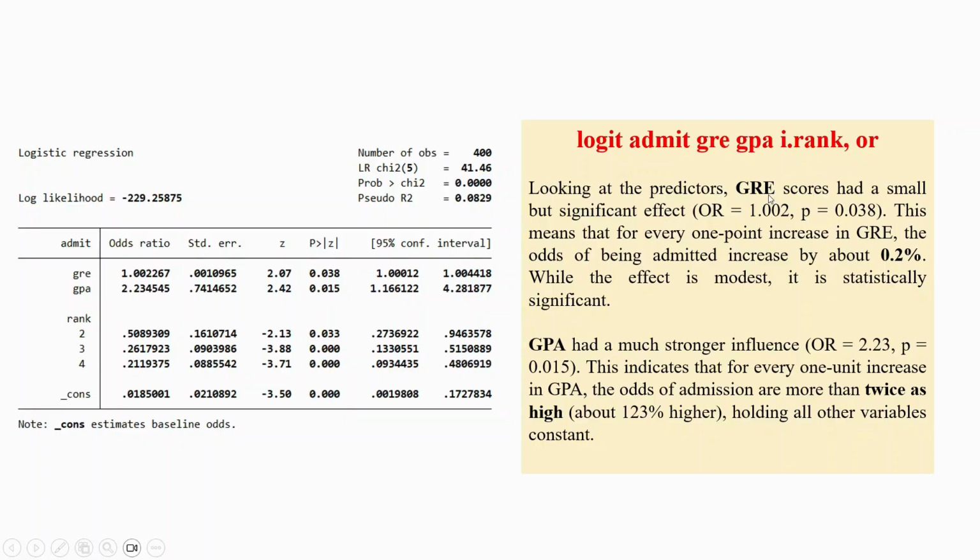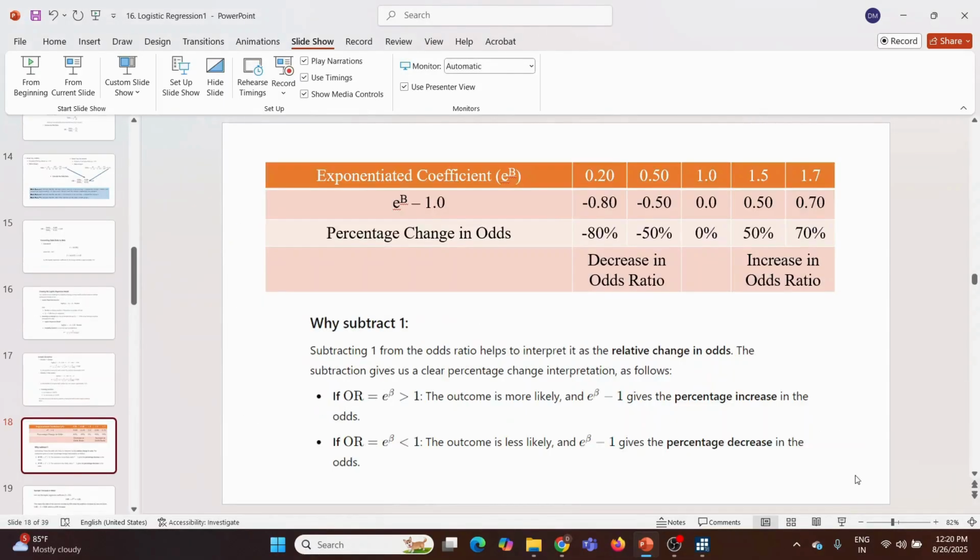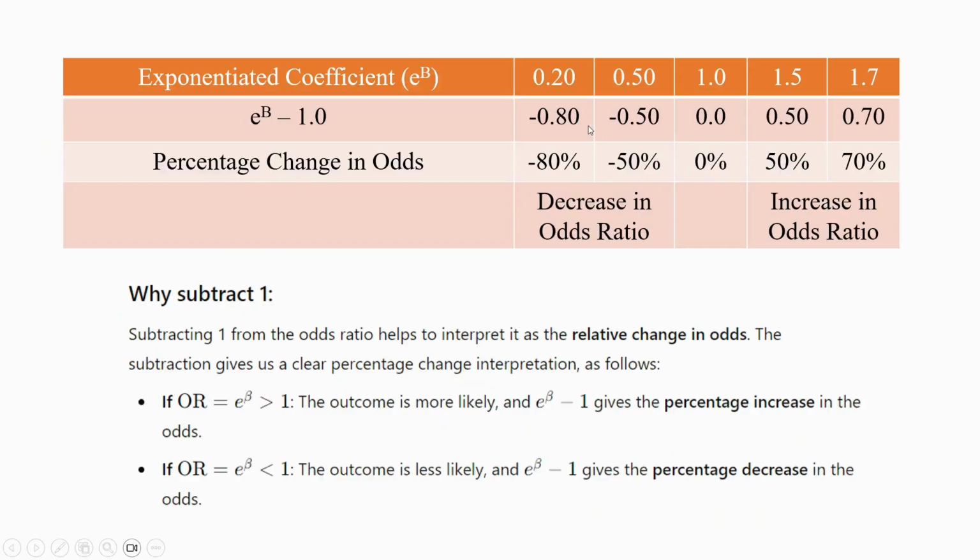Looking at the predictors, GRE score had a small but significant effect. This means that for every 1 unit increase in GRE, the odds of being admitted increase by about 0.2%. How? See, just deduct 1 from the odds ratio and then do the interpretation.